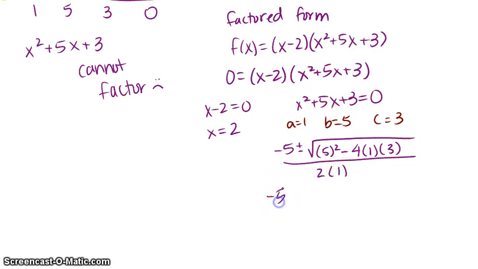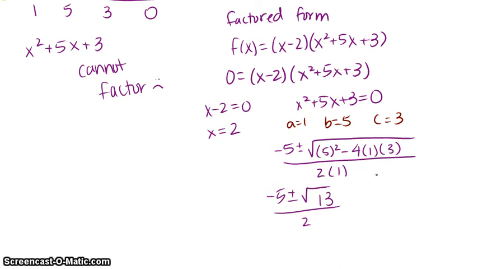When we simplify this, we get negative 5 plus or minus the square root of 25 minus 12, which gives us 13, all over 2.